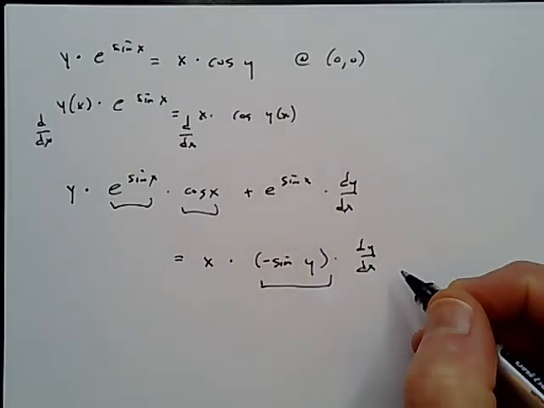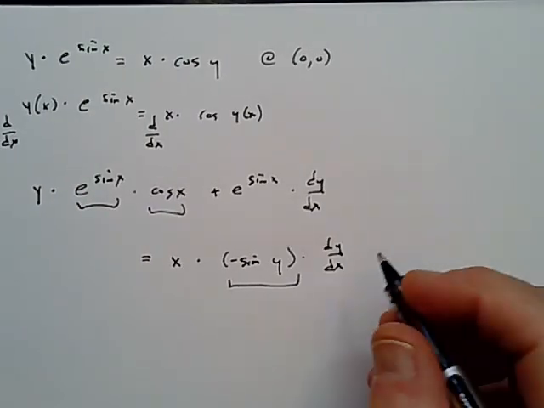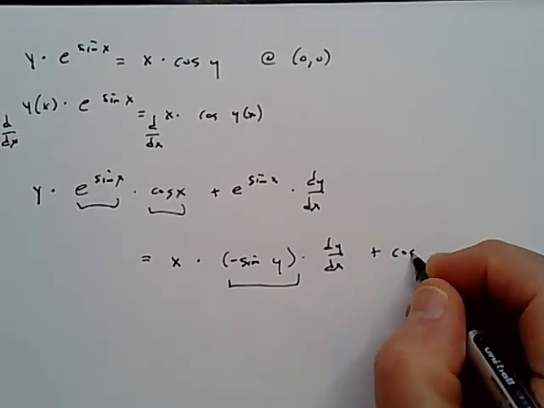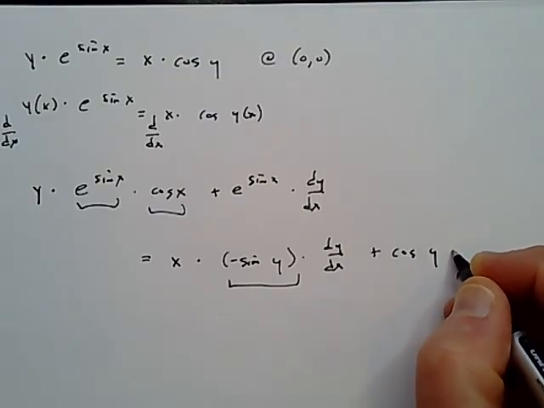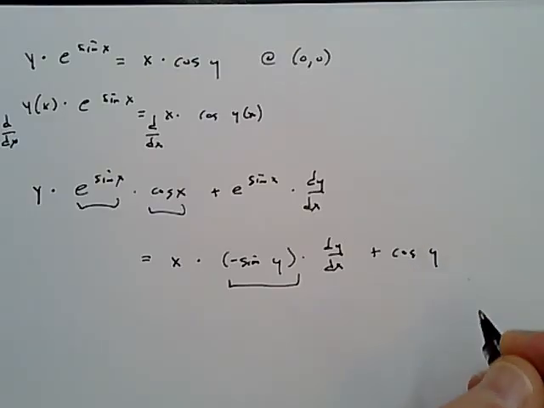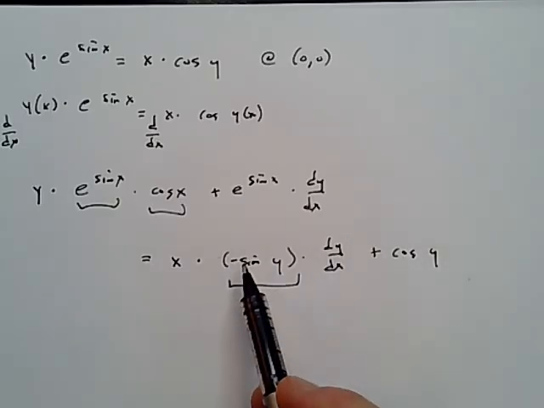That's half of the product rule. The other half is to write down the second, take the derivative of the first. I'm not going to bother to write times 1.